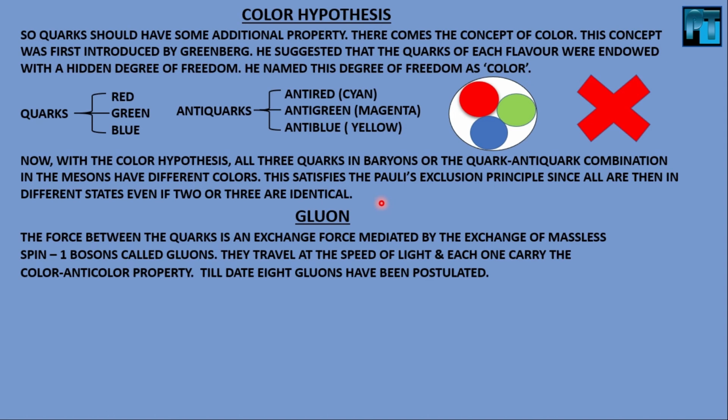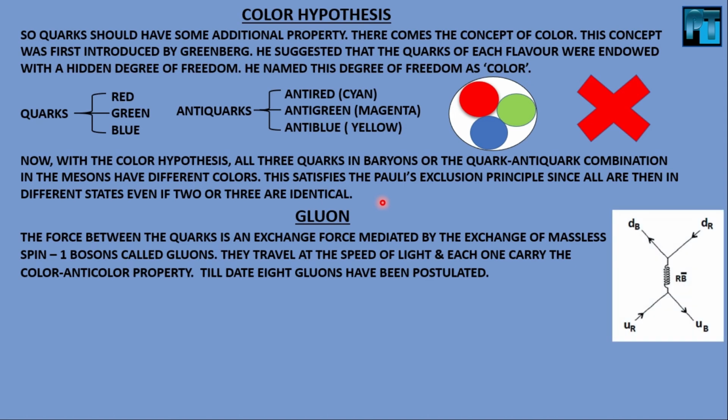Now actually they are like quark antiquark pair. We use springs to describe them. See how this happens. This is the red quark. This is red D quark.